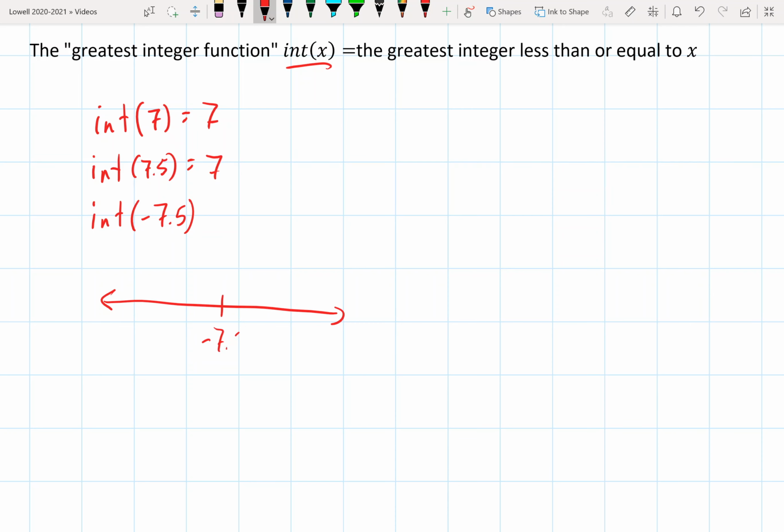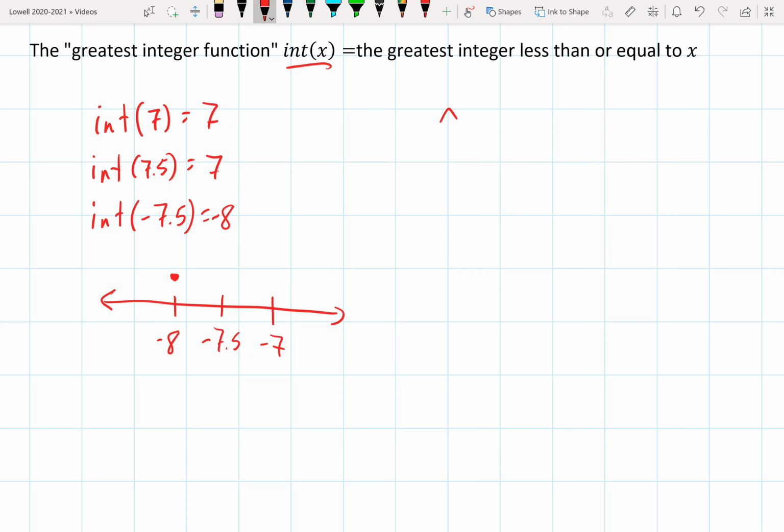Here's negative 7.5, here's negative 7, here's negative 8. If you plug in negative 7.5, the biggest integer that is less than or equal to it would actually be negative 8. So chopping off the decimal works if your number is positive, but if it's negative, then that doesn't quite work.